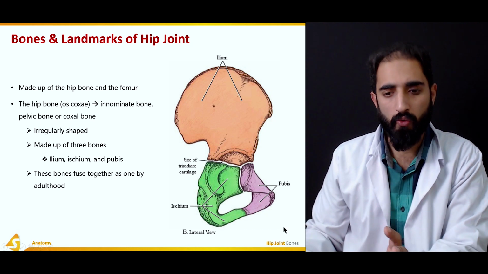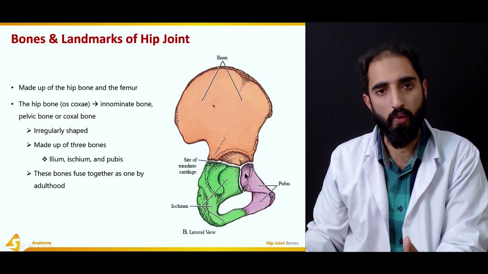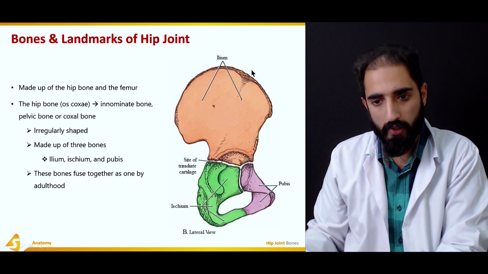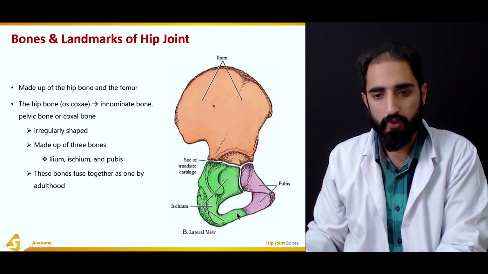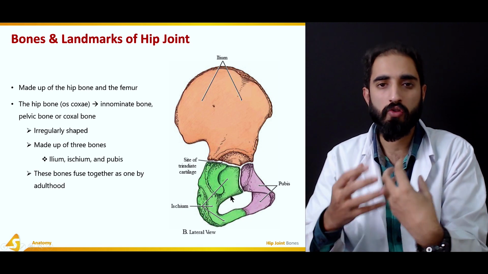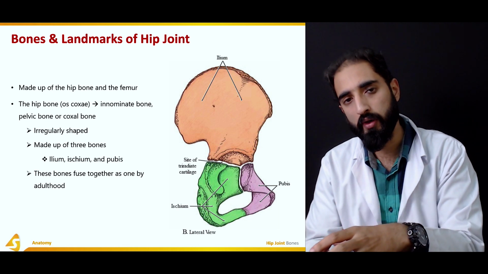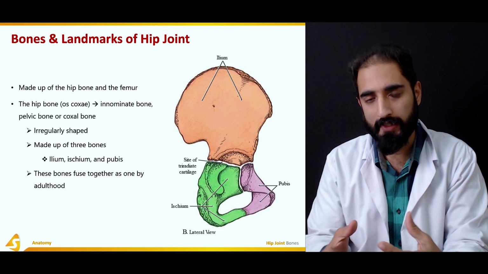And as you can already see in this picture, it is an irregular shaped bone, which is actually composed of three different bones. Now, this superior part is the ilium, the one on the anterior aspect is the pubis, and the one on the posterior aspect is the ischium. And the specific structure where the proximal femur or the femoral head articulates with the hip bone is known as the acetabulum.